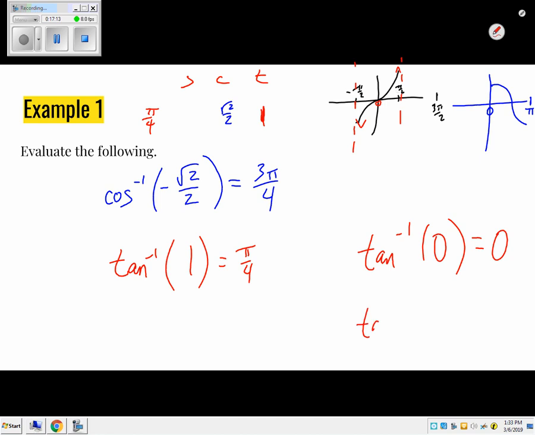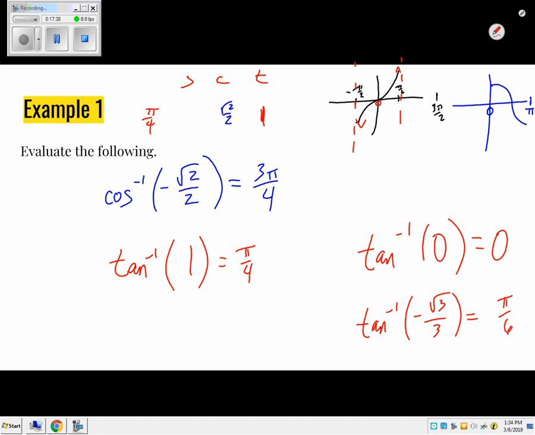I know I said one more, but that's a nice tangent value, right? Are you ready for a DHS easy button, anybody? All right. Figure it out then. Tangent of what angle gives me square root of 3 over 3? Pi over 6.